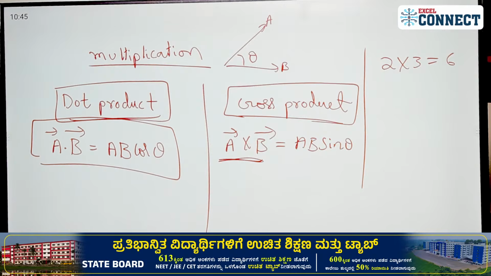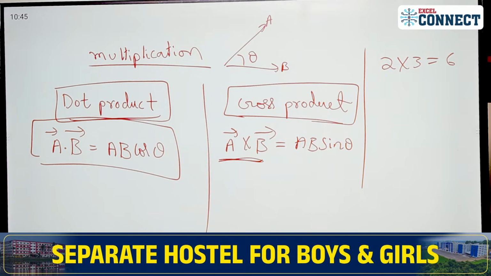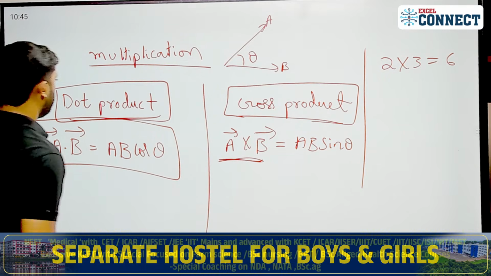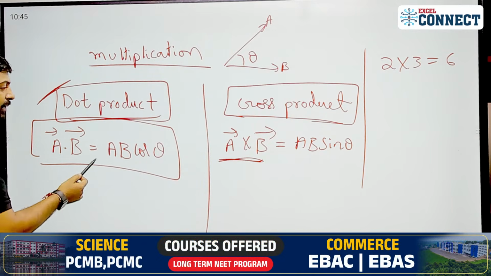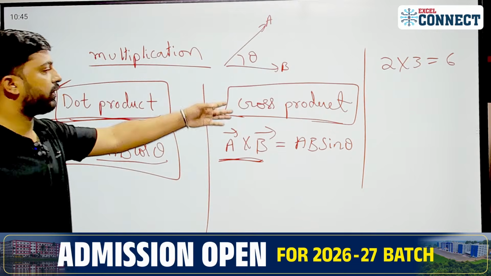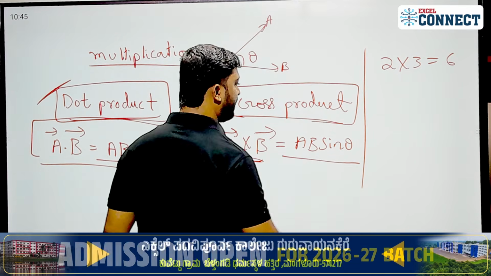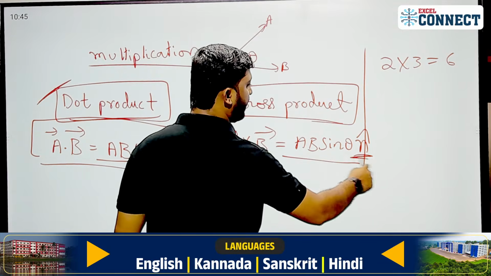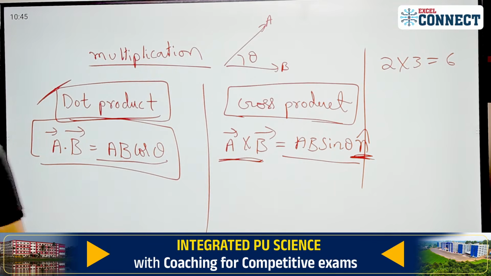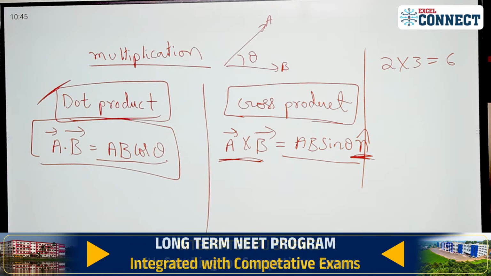So if you have to multiply them, you can use these two formulas. If you need a dot product, then you have to go for AB cos theta, and if you want to find cross product, you have to go for AB sin theta, and we have a unit vector here, okay, depending on the need.